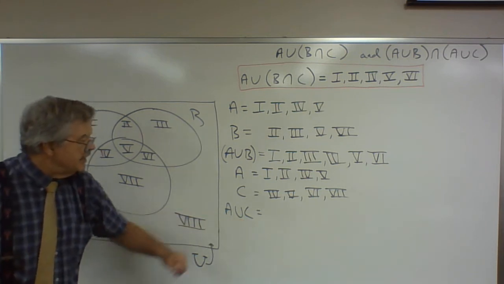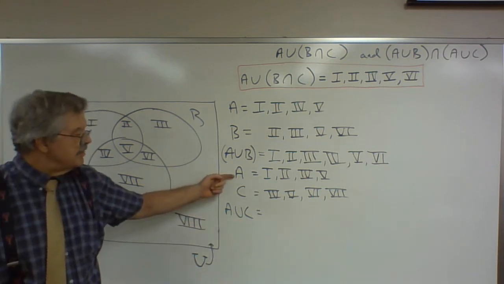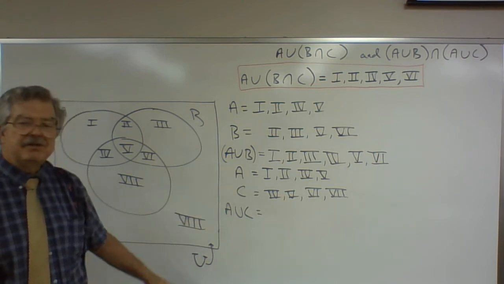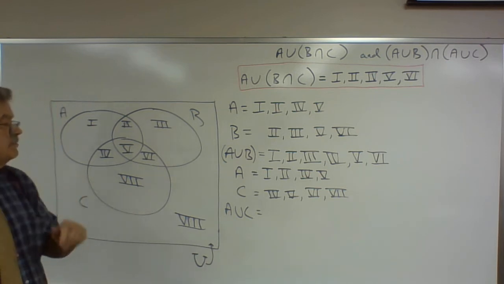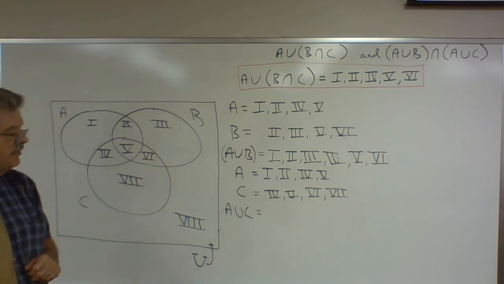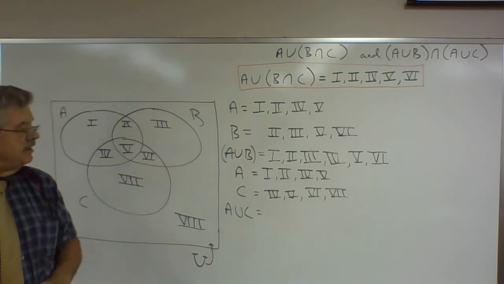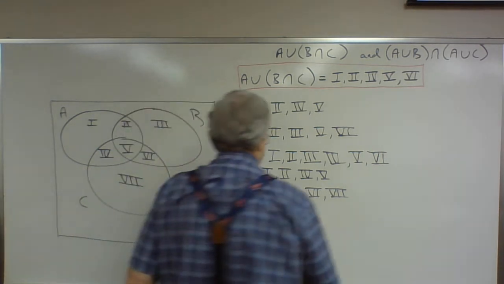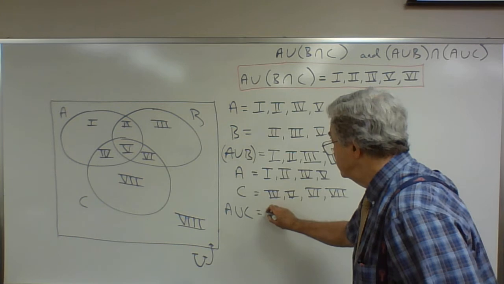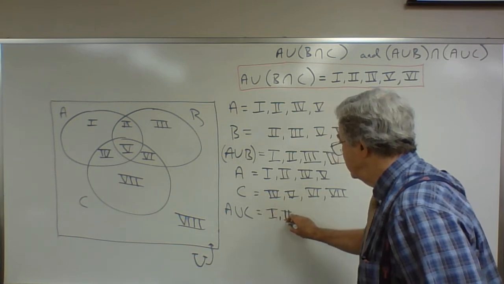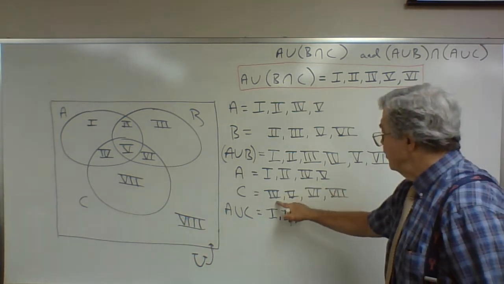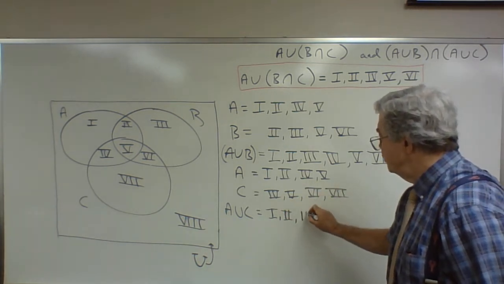A union C is the set of all elements that are in A, the set of all elements that are in set C, plus the elements that are in both. Or the regions that are in set A, the regions that are contained in set C, and any that are contained in both. So we have region 1 and region 2 in set A. We have region 4 and region 5 in both.